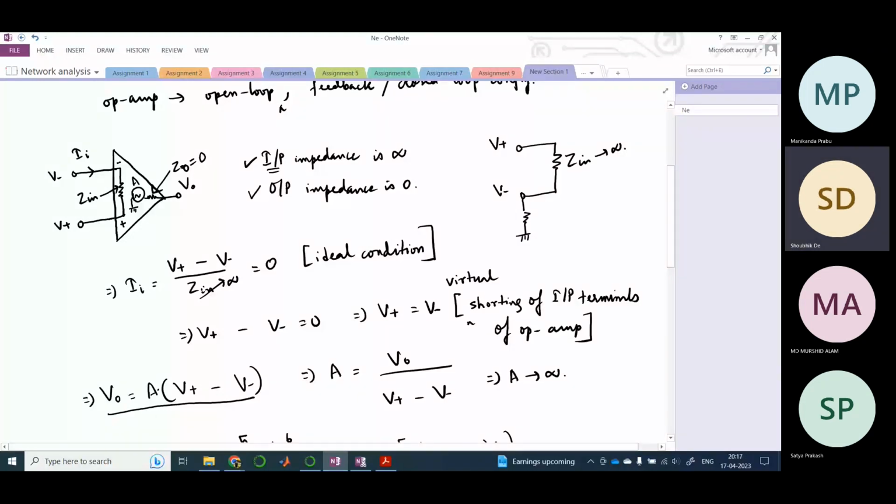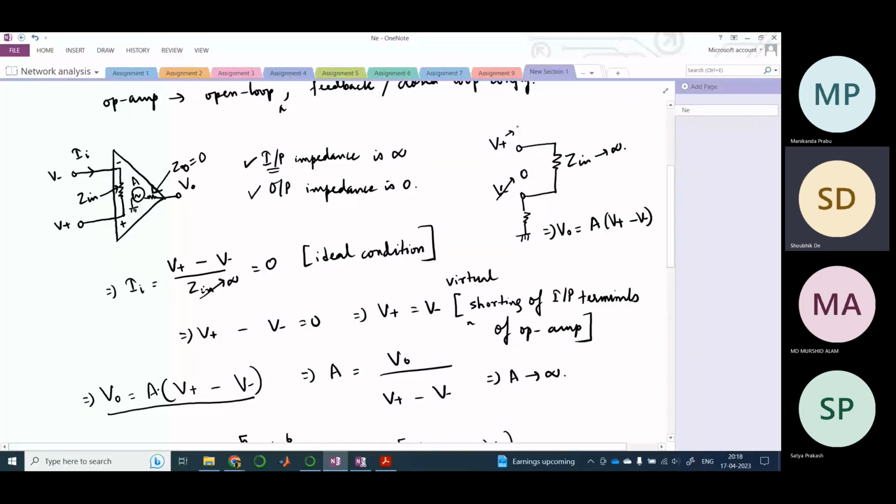So still your V0 would be A into V plus minus V minus. So suppose you make your V negative equal to 0, right? And this has some voltage, that is what you are trying to say.